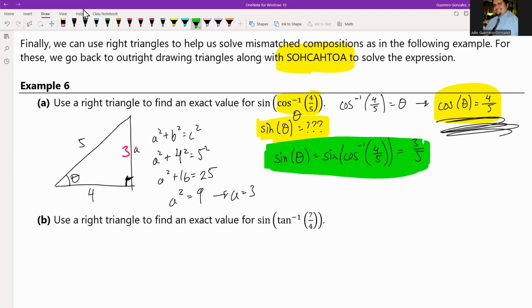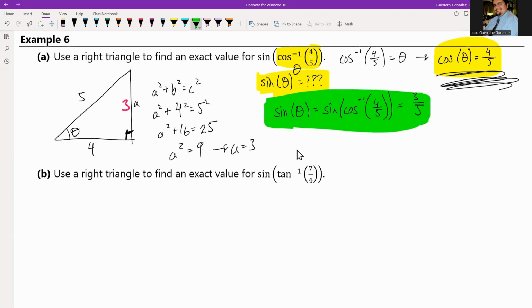This is just getting you guys practice for using these things out. That's it. One more. Same idea, right? I'm going to grab the inside thing, separate it out. Oh, not cosine, tangent inverse of 7 over 4. That's got to be equal to some angle theta, back from what we were doing before, right?